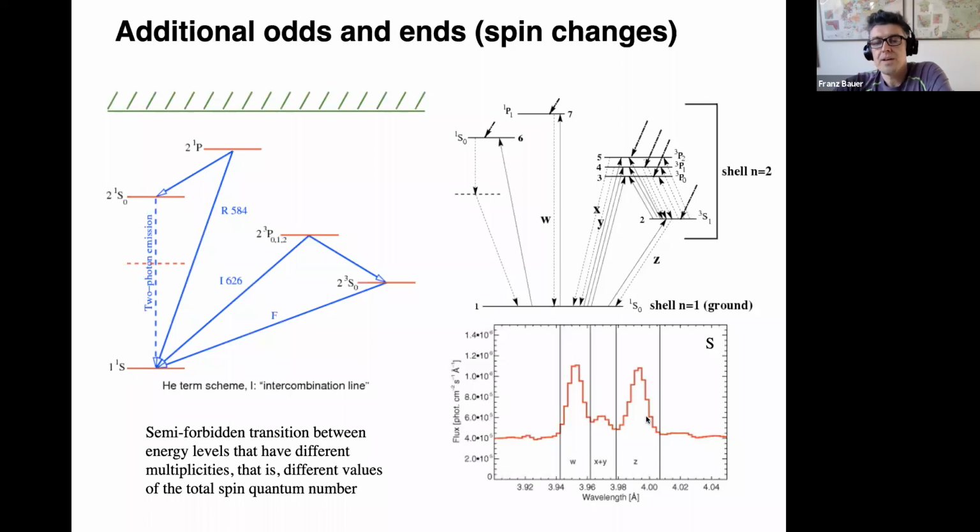The ratios of these, again, are very sensitive to the temperature and the density of the material. And so they're unique probes of that material. These are typically known as intercombination lines, this particular set.